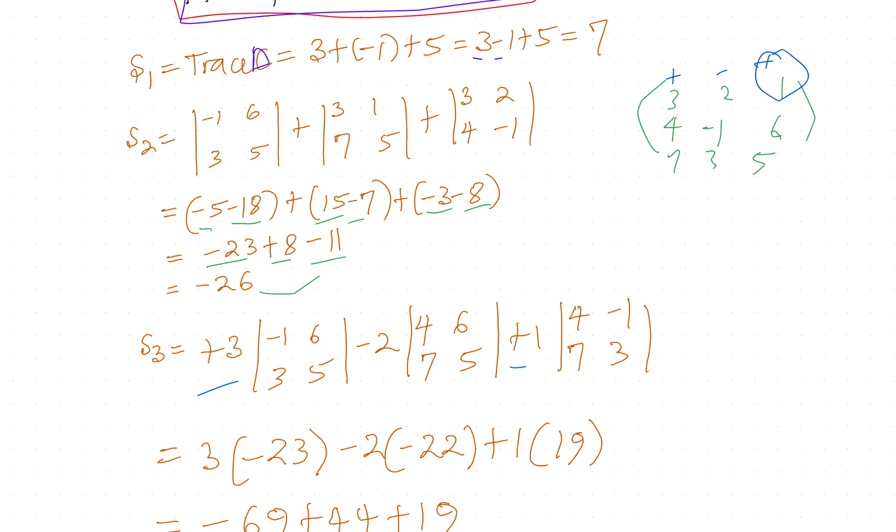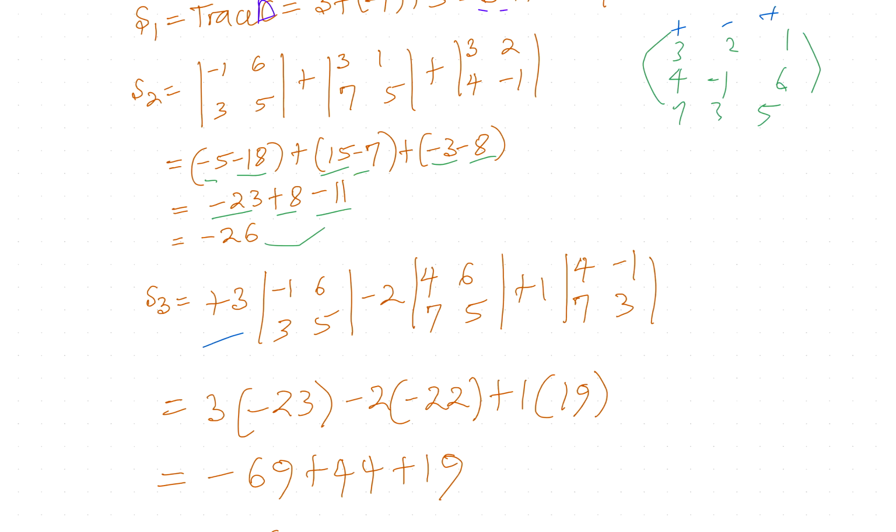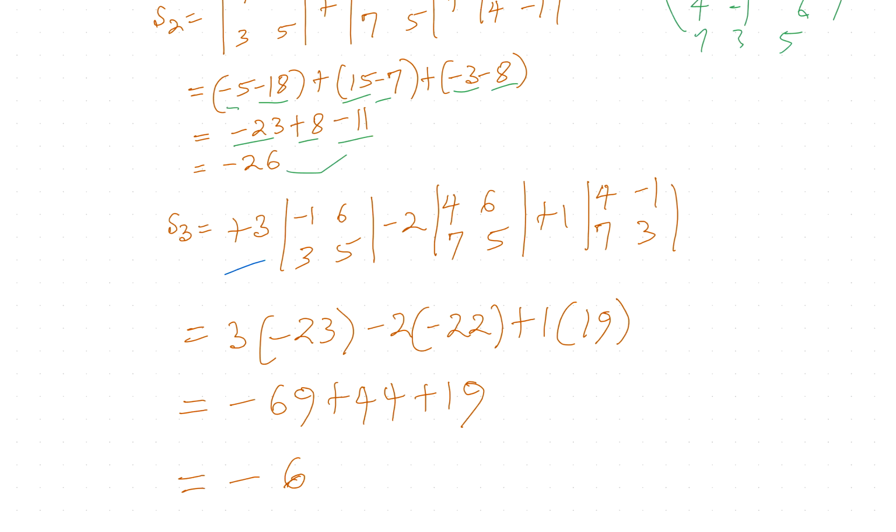So the next thing is to simplify all these things. I'm going fast because we have done this several times. So you have 3 here into minus 5 minus 18, that's minus 23. Here is 20 minus 42, that's minus 22. You have minus 2 outside here. Then you have plus 1, 4 times 3, 12, minus 7, that's 12 plus 7, that's 19.